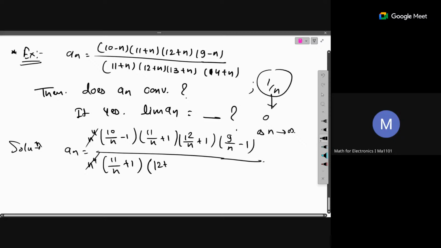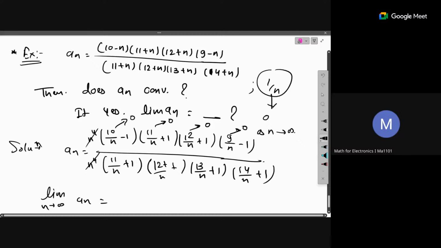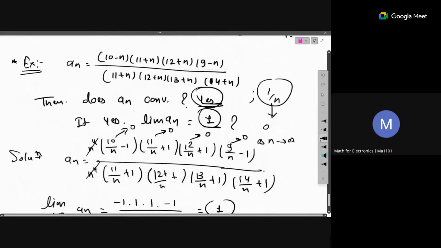We know that each of these terms goes to 0, and the same thing happens in the denominator also. So at the end, the limit as n goes to infinity of an is nothing but (-1)(1)(1)(-1) upon all 1s, which is equal to plus 1. So yes, the sequence is convergent and the limit is plus 1. Okay, so I think it's an easy one.